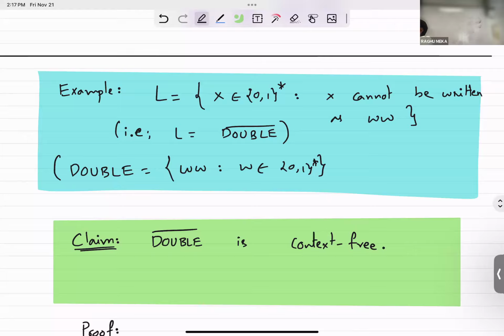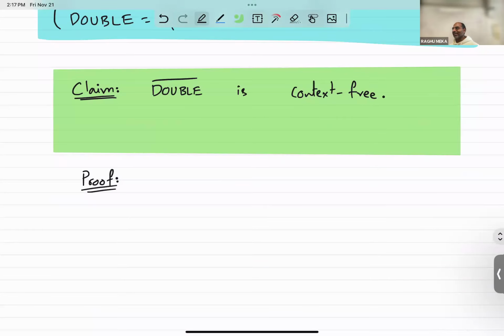Yeah? Odd number, right? If a string has an odd number of characters, then you cannot write it as a duplicate of a string, right? Because everything of the form WW has an even length. If this has 10, the next one also has 10, so you get an even number. Okay? So this double complement definitely has all odd length strings.